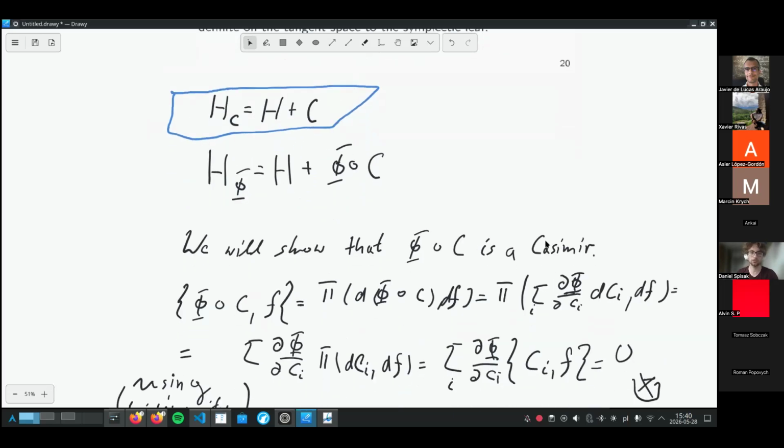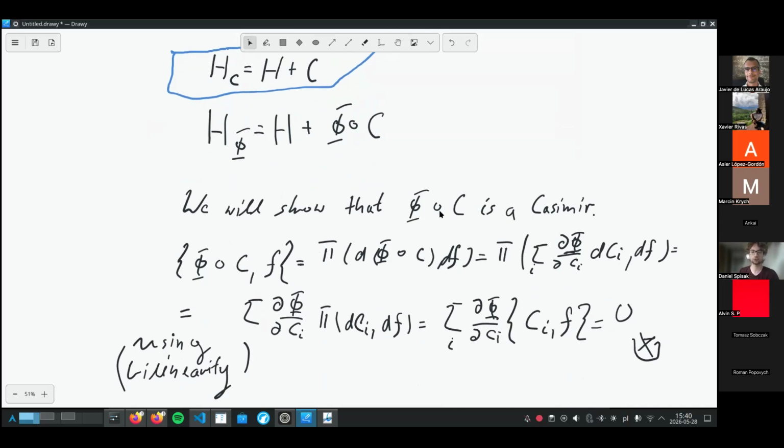And in order to show the equivalence of those two approaches, it is enough to show that this composition is a Casimir. And indeed it is, because we take the composition and put it into the Lie bracket with A, any smooth function. By definition, it is a P-vector derivative. We derive, we have a sum over the derivations.